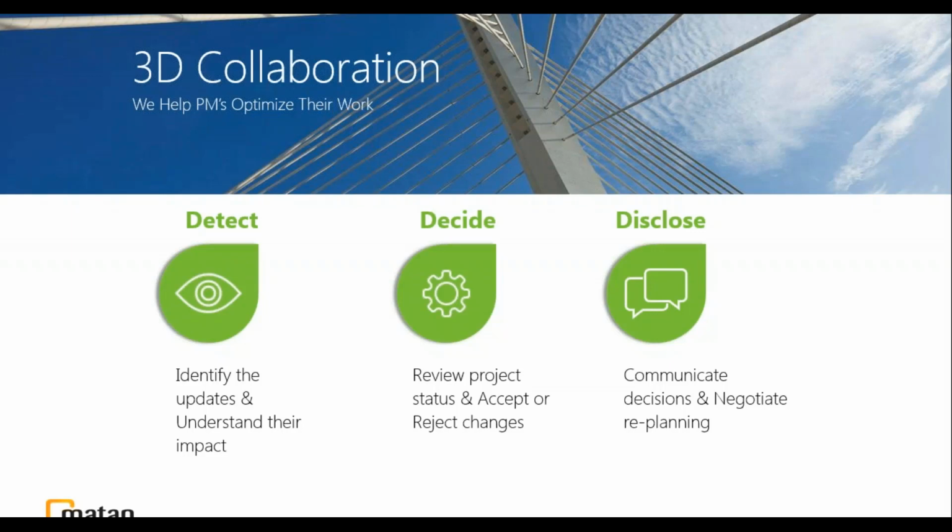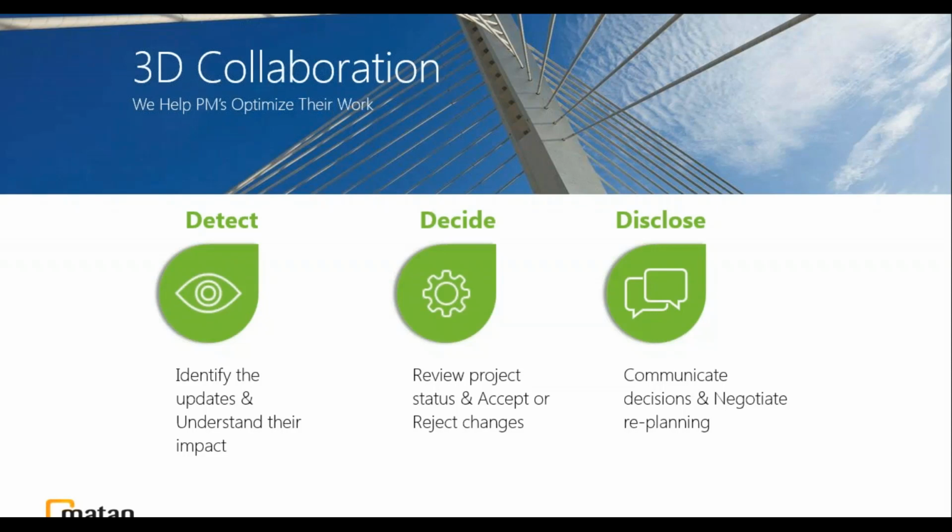At any point, they can identify very easily what changes different events in different projects have created for them in their own work plan. They can understand the impact of such change and then decide whether to accept it or not.